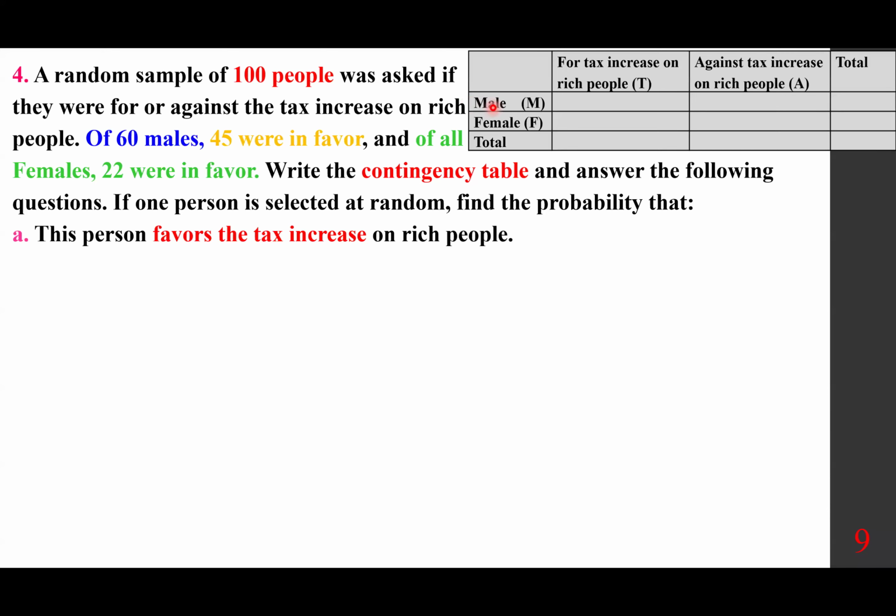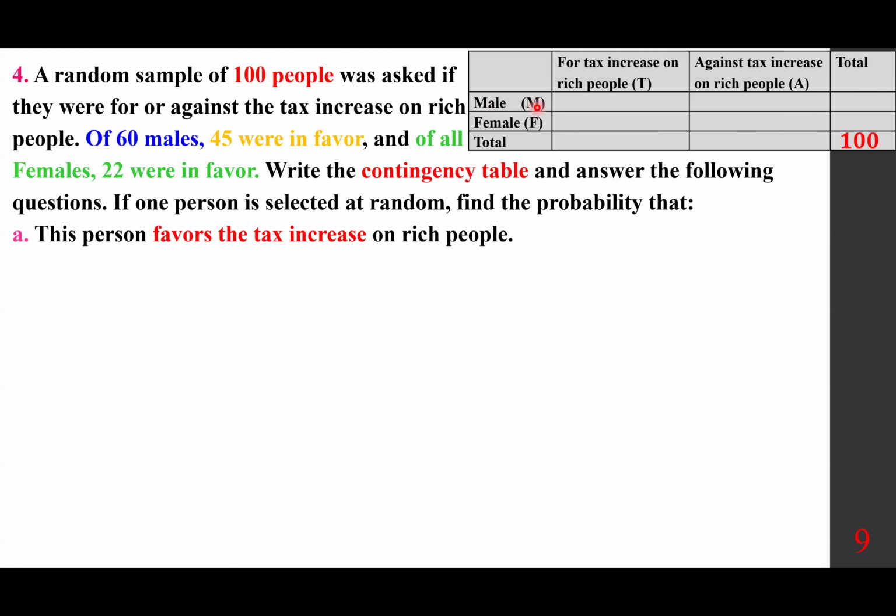Male we're going to represent with M, female with F. So this is male, this is female. For tax increase, we're going to represent it with T, against it with A. That's just to make it nice and easy. So the very first number is 100. This is the entire population. Then it says they were asked if they were for or against it, and of 60 males.